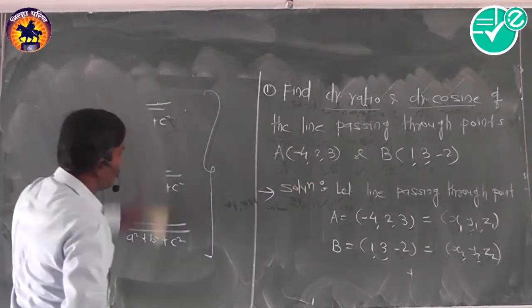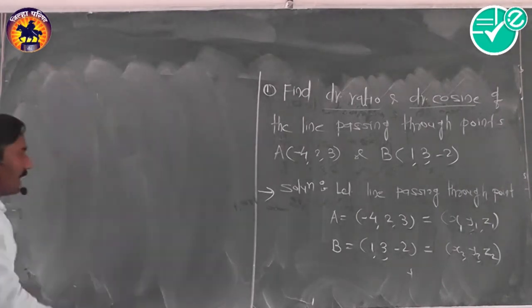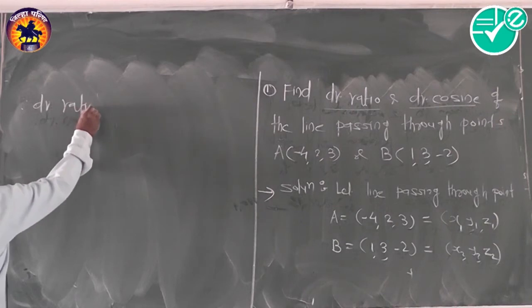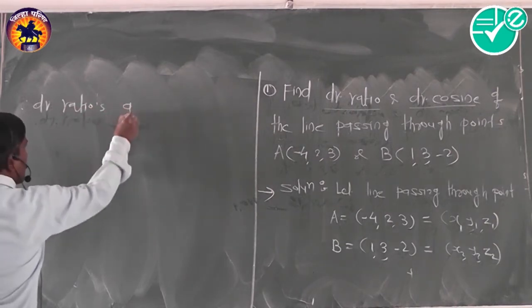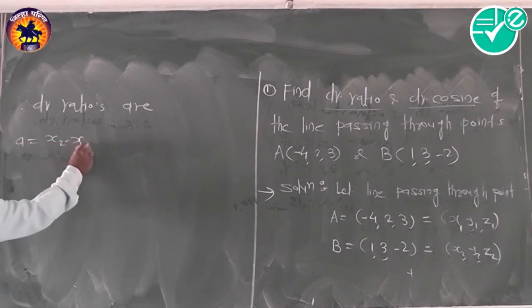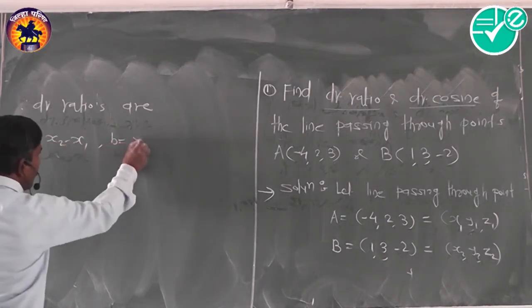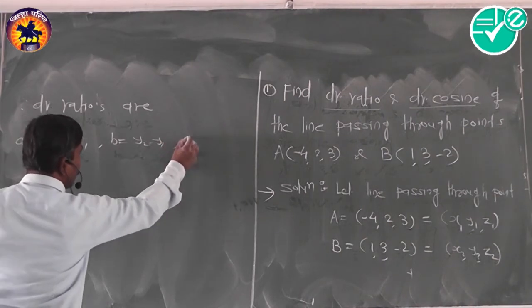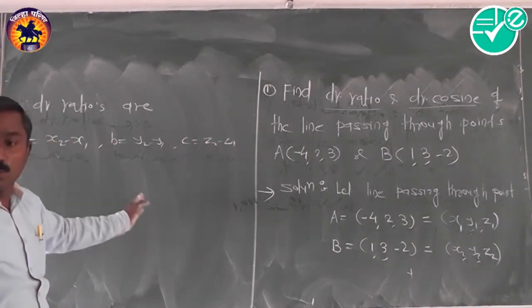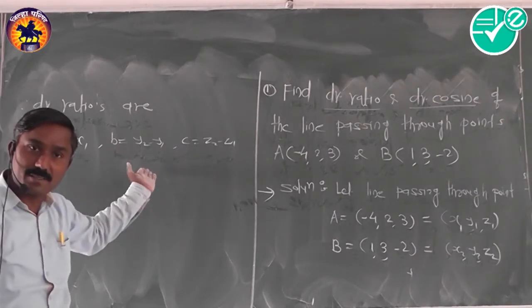Now here, the direction ratios are A equal to x2 minus x1, B equal to y2 minus y1, C equal to z2 minus z1, as we noted in the remarks.